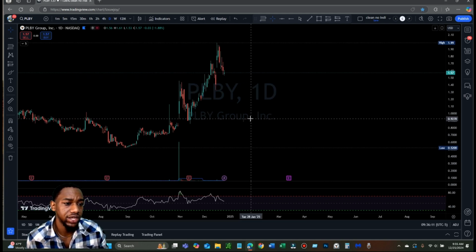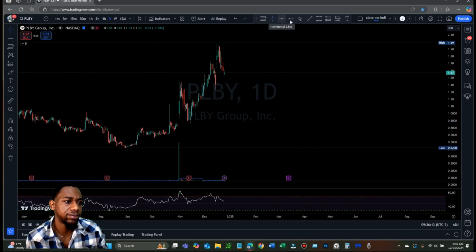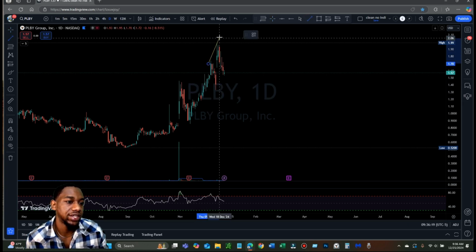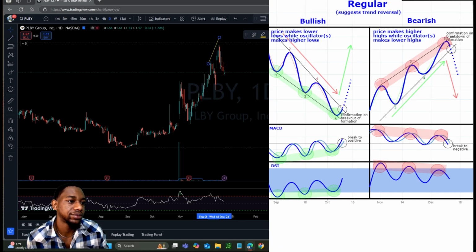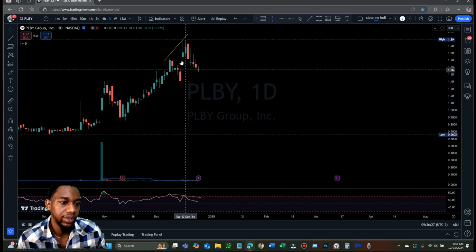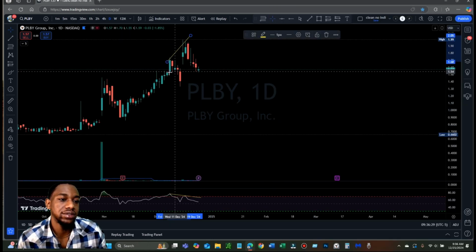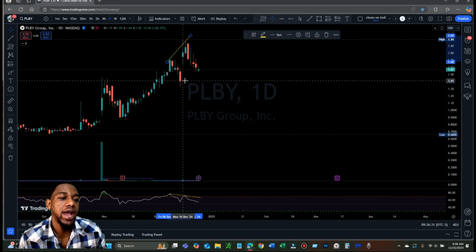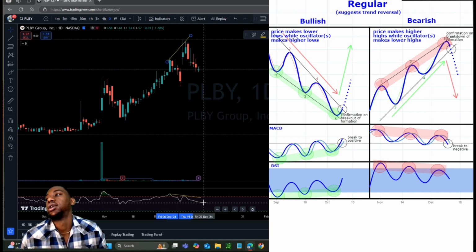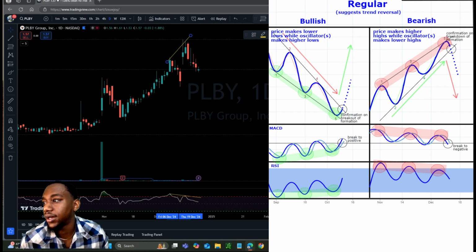First things first, let's look at the divergence on Playboy. Let's take these last two highs, right? Now see how the stock price made a higher high, but the RSI made a lower high, just like the photo shows you.